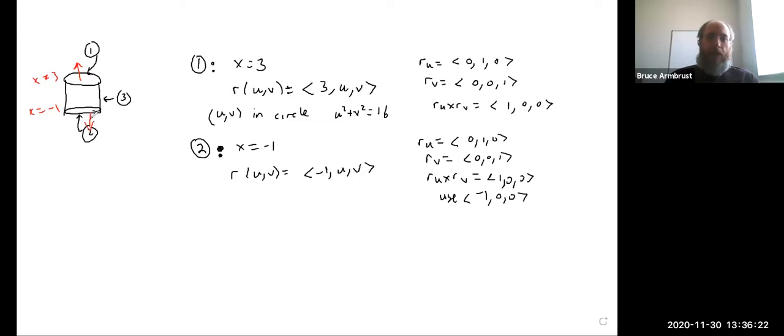Why do I need that normal vector to be pointing down? So Victor, when you say negative, I don't know if you mean because x equals -1.